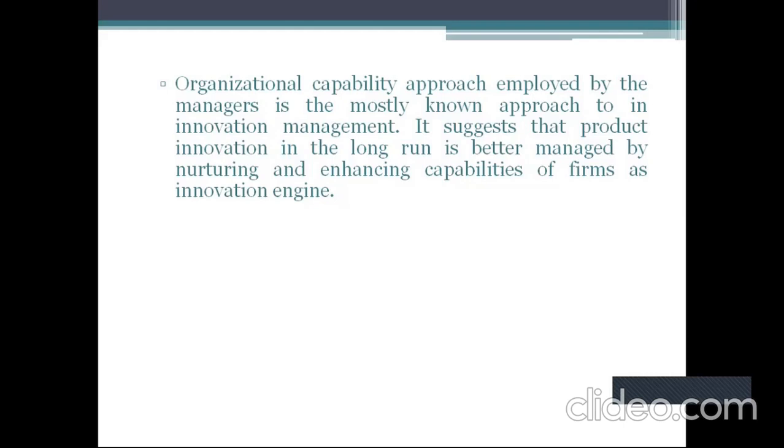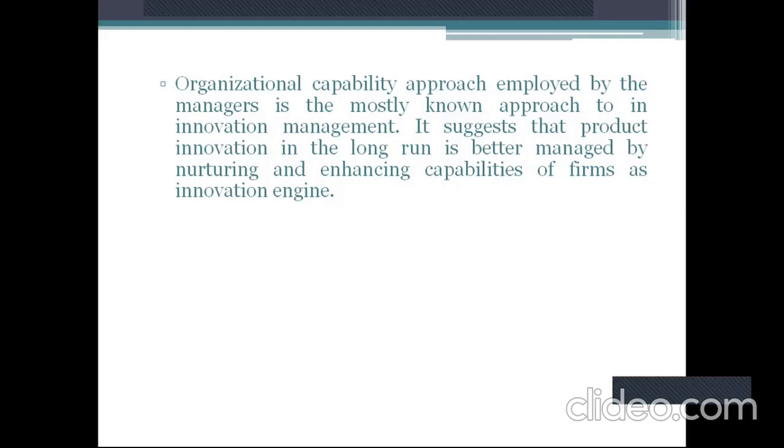The organizational capability approach employed by managers is the most well-known approach in innovation management. It suggests that product innovation in the long run is better managed by nurturing and enhancing the capabilities of the firm as an innovation engine. What does it suggest? That product innovation in the long run is better managed by what?